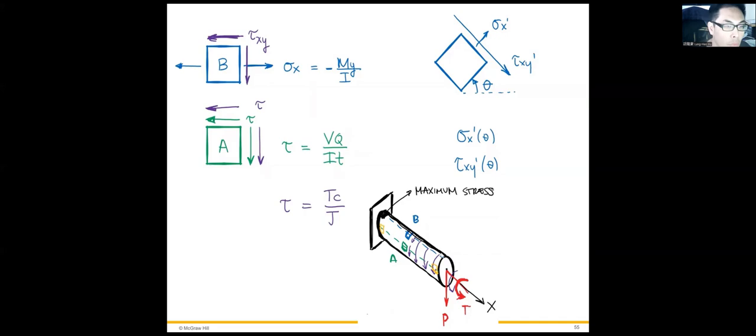Okay, so if we pick an infinitesimal element, or a point, at B and A, what kind of stress is applied to these two points?